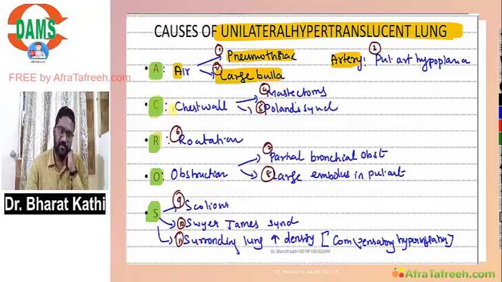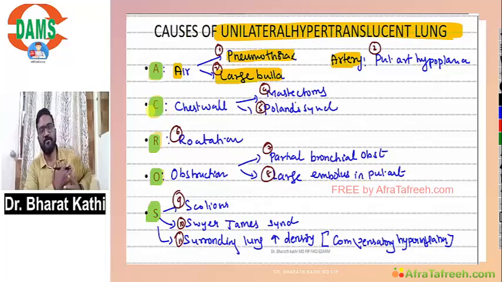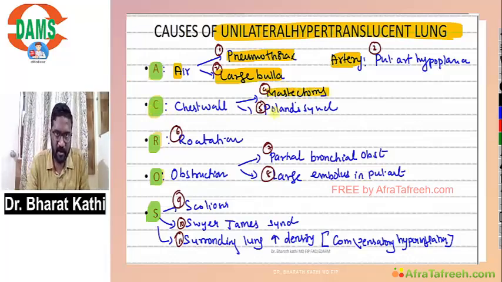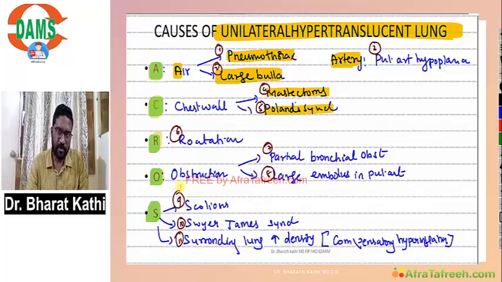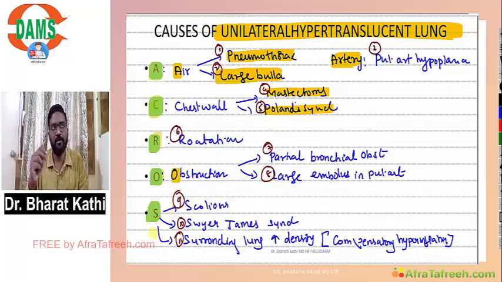Then some chest wall problems. If there is no muscle, or they have removed the muscle, as in mastectomy and Poland syndrome. And if there is rotation also, you can notice translucency. If there is any partial bronchial obstruction, it can function like a ball valve, and there can be localized hypertranslucency.